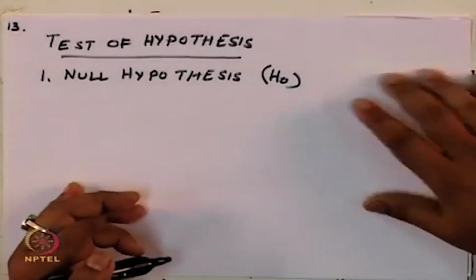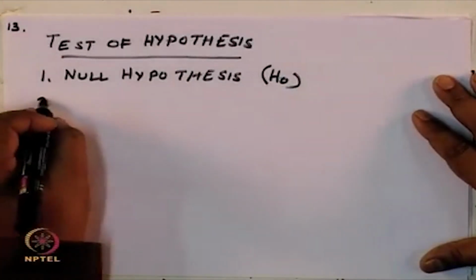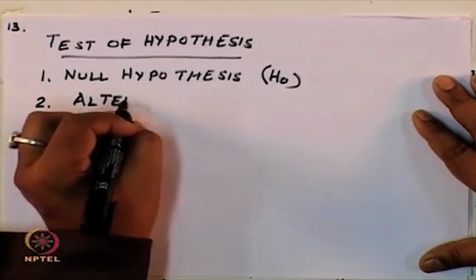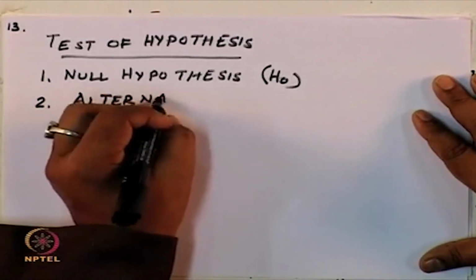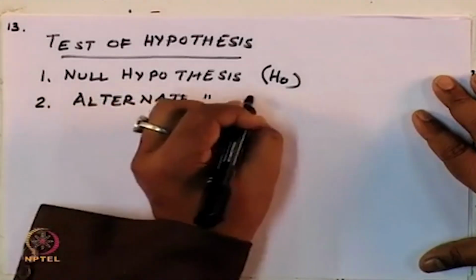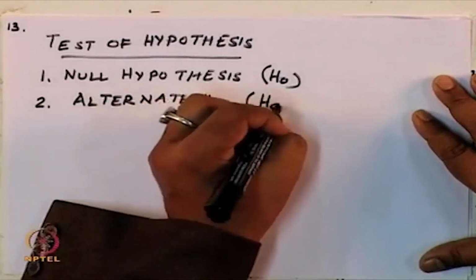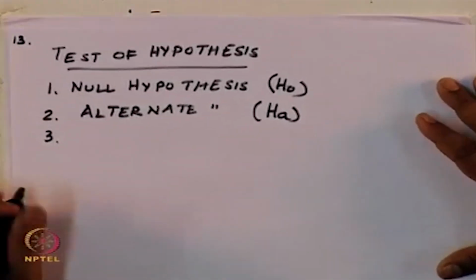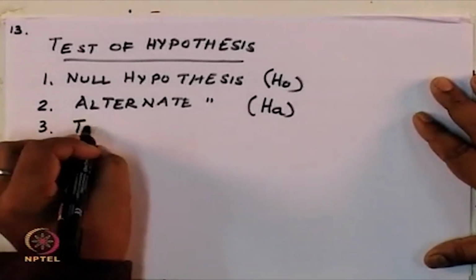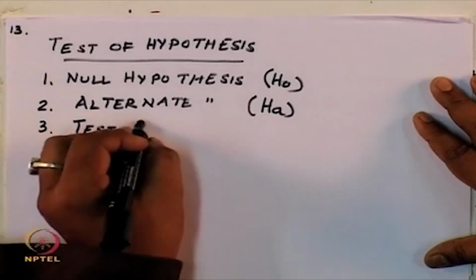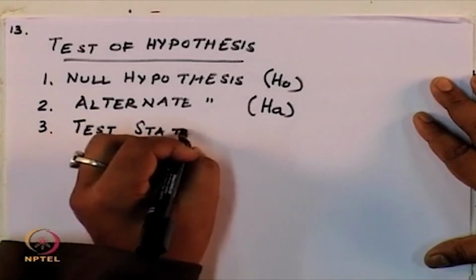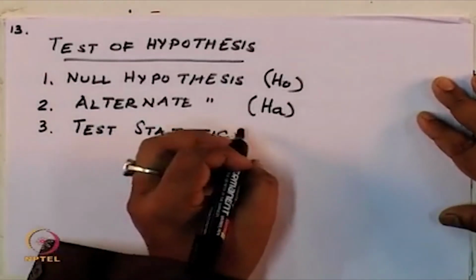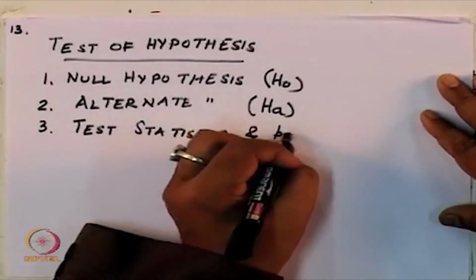You have an alternate hypothesis, typically represented as H A. Based on the evidence, you calculate a test statistic, and using the test statistic, you calculate a p value.